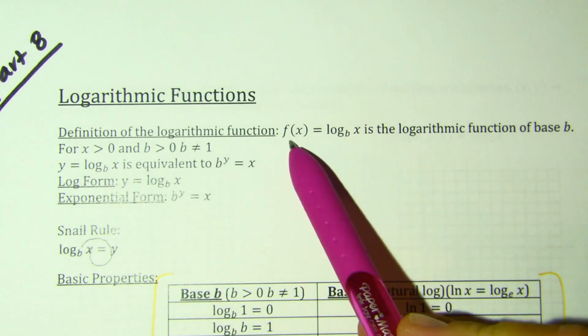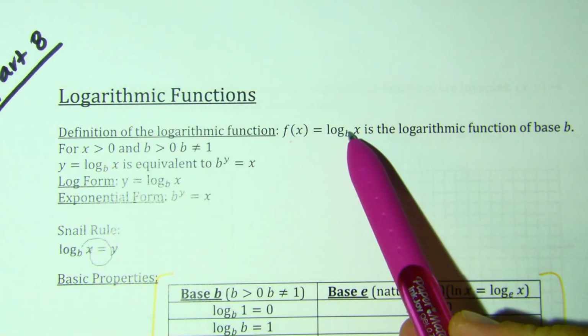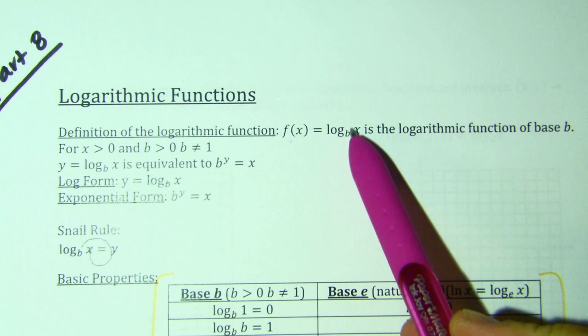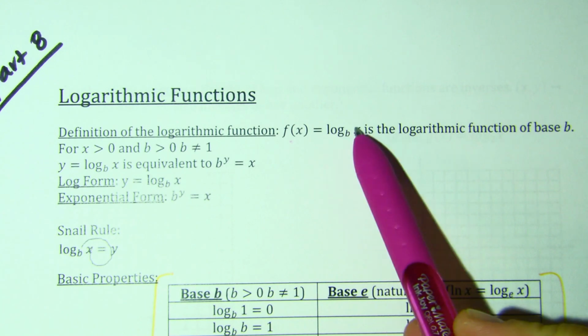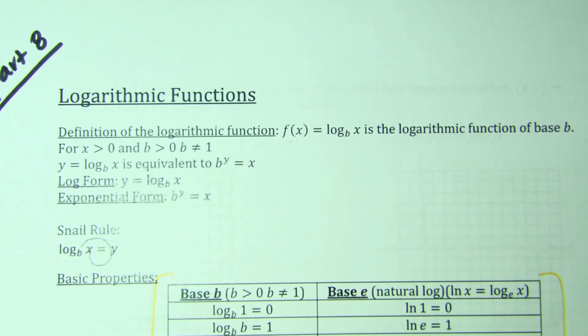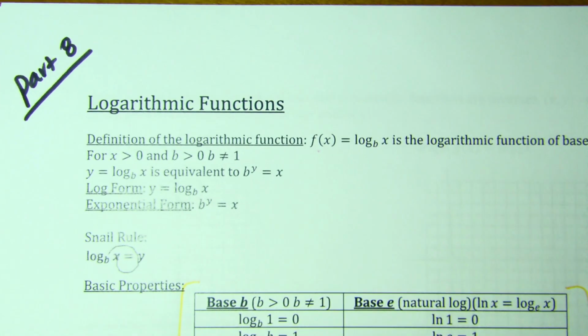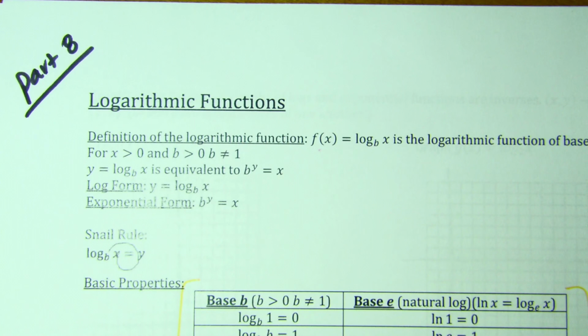This is the form of a logarithmic equation here. We have what's called the base, the value we're taking the logarithm of, and a logarithm acts like a function. If you've ever been to a pizza place or a restaurant where they have those little kid games that you put a quarter into and then you twist the handle and a little toy comes out of the bottom of it, think of that box kind of like a function, and that quarter is what you're putting in, and then you're getting something different out of it.